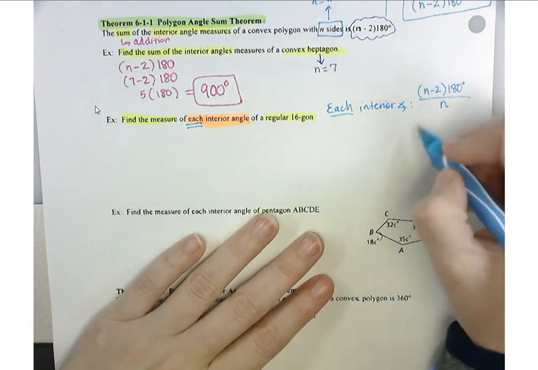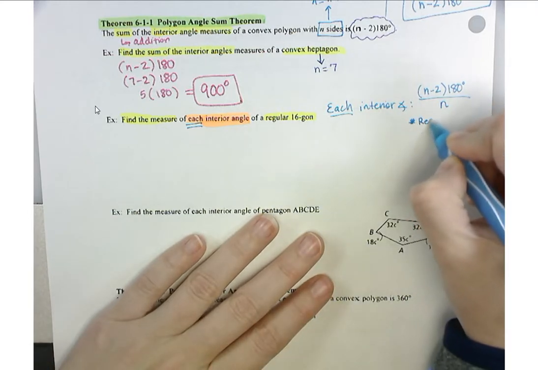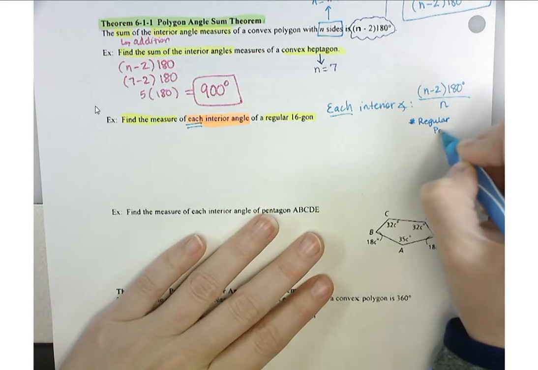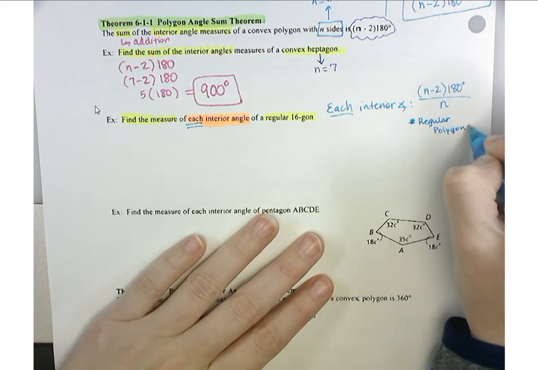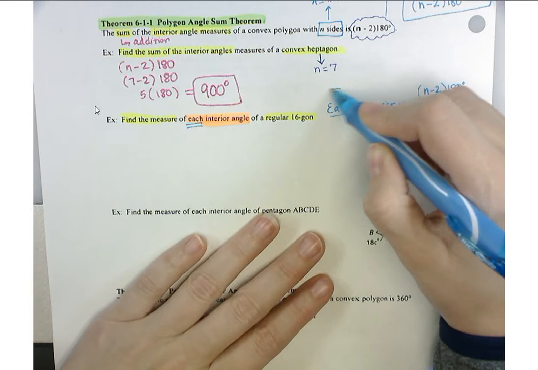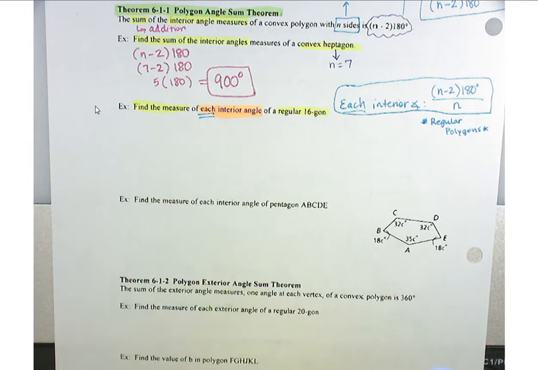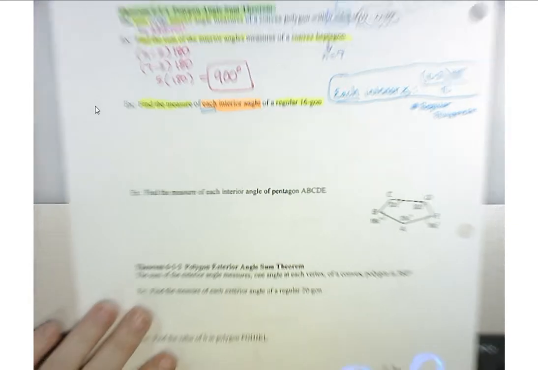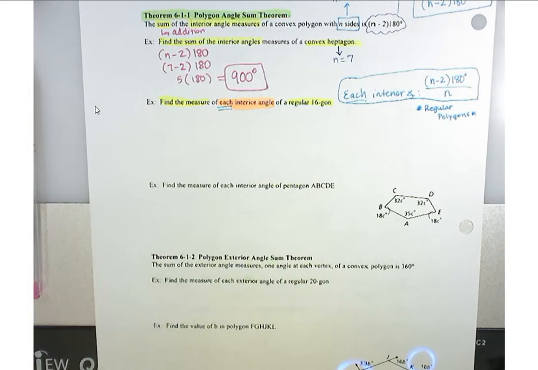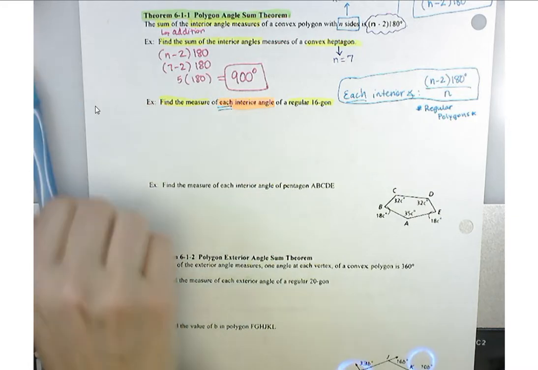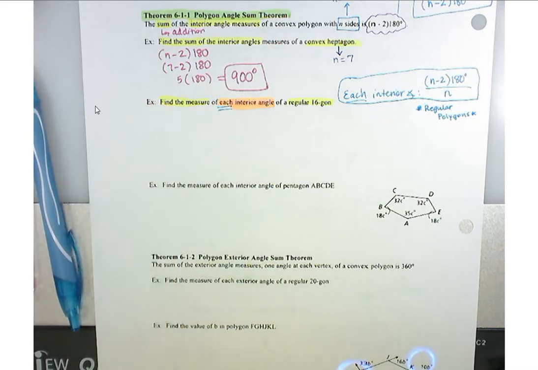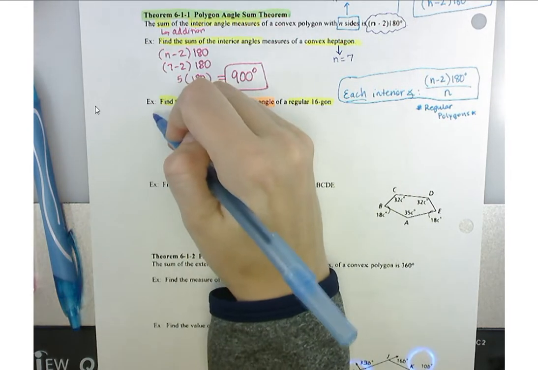And then we're just going to note that this is for any regular polygon. And just to recap again, the reason why it works with regular is because you know all of the angles are the same in a regular polygon, which is why you can use division to find each one. If it's not regular and they ask you to find each angle, they will be labeled with what their proportions are. And we will do that a little bit later.